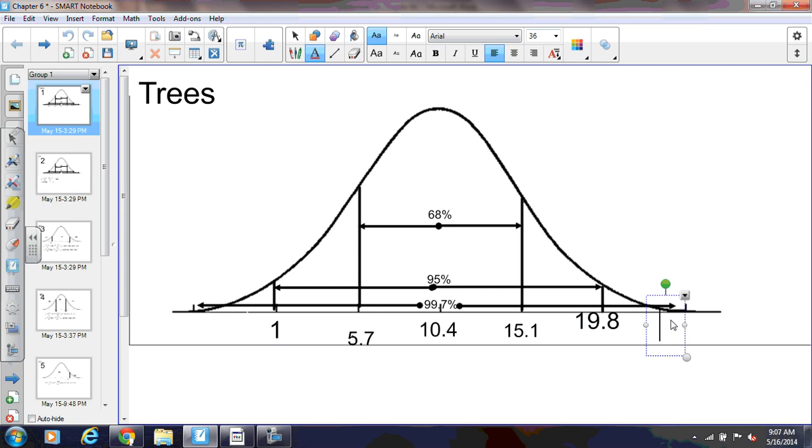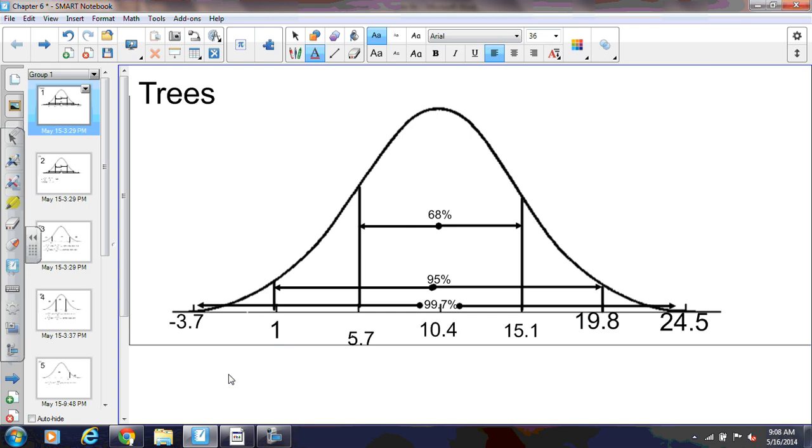Again, we're just adding 4.7 to 19.8, and that gives us 24.5. And we're subtracting 4.7 from 1. This gives us a negative value of negative 3.7. Obviously, trees cannot have a negative diameter, but this is a normal distribution.